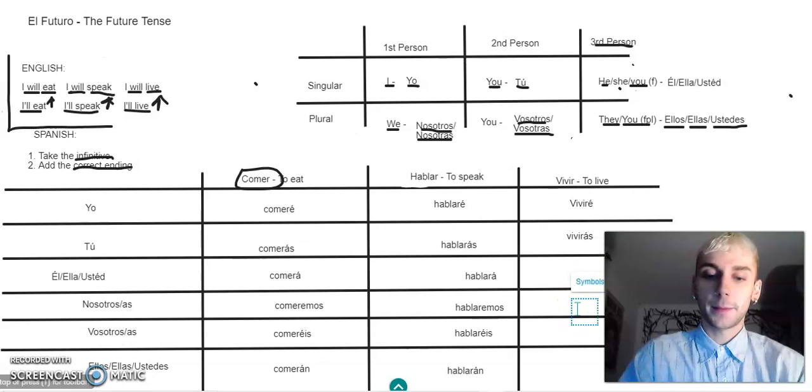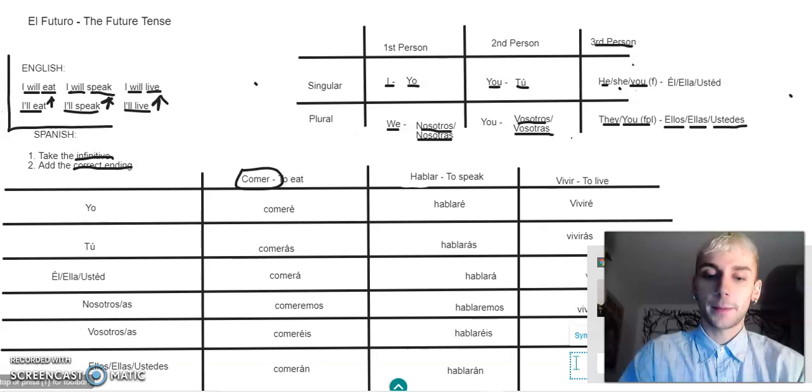We have we will live, viviremos. See the ending is the same. And then we have vosotros, meaning you lot, which is viviréis, meaning you lot will live. And then finally, we have they live, or this formal plural you again.